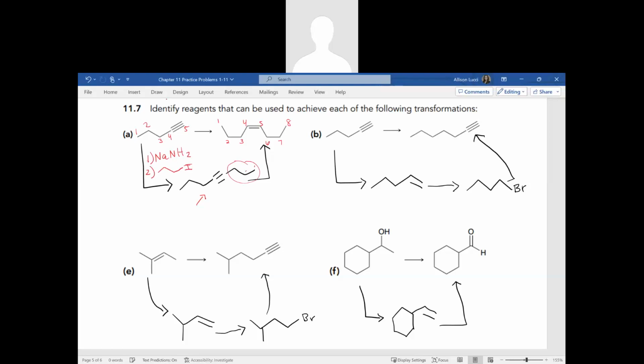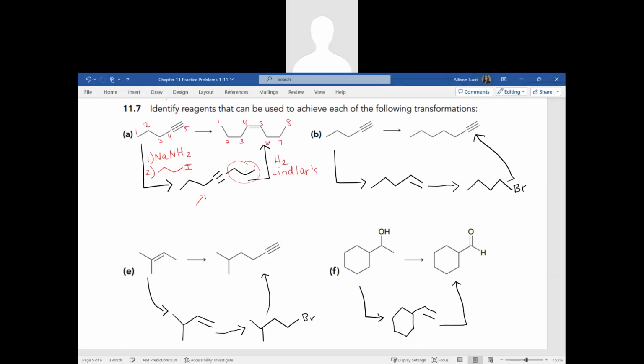And then at this point, we need to convert that triple bond to a cis double bond. And we can do that with hydrogenation using a poisoned catalyst, such as Lindlar's catalyst, and that would accomplish our desired product.